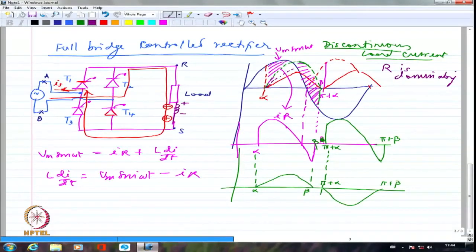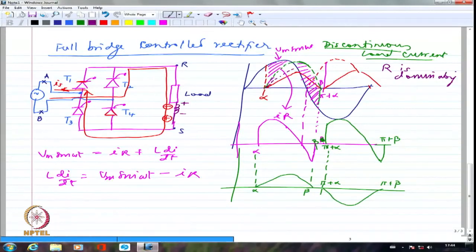So half L i square will become half L 400 square. So obviously I am going to get much more energy stored in the inductance. So the lesser the resistance, the more energy stored in the inductance, clearly. If I have much more energy stored in the inductance, why would the current end here? The current can definitely sustain itself for longer, right?